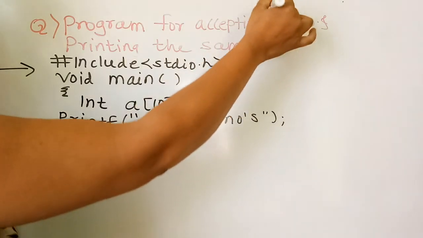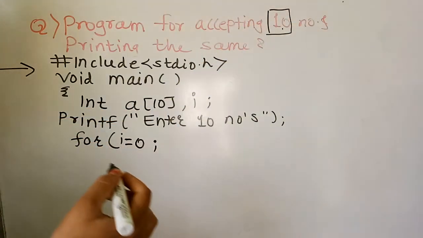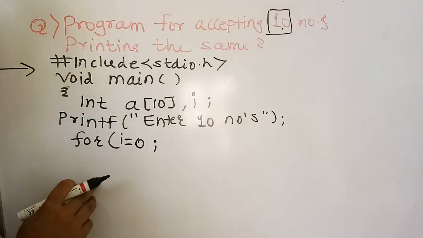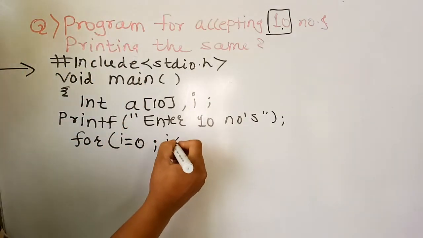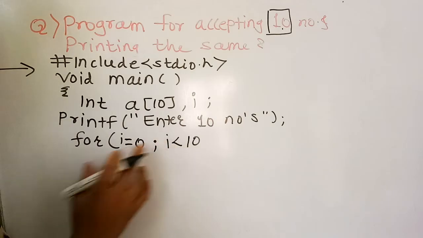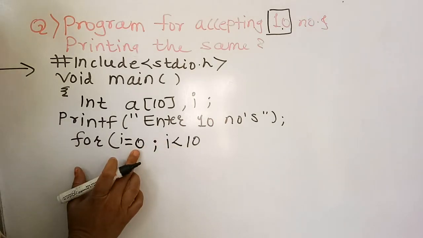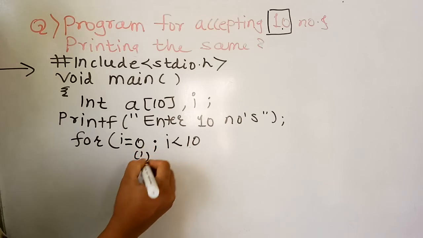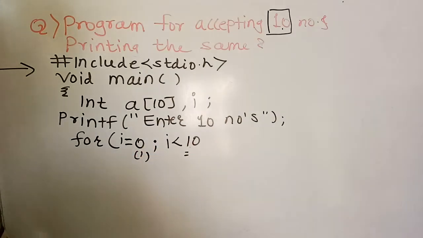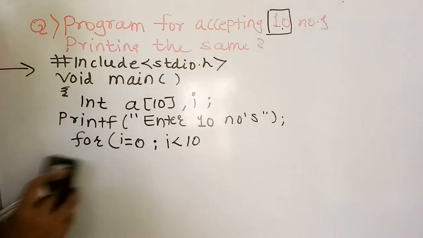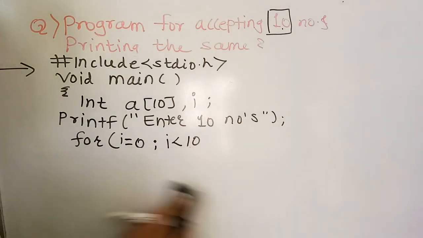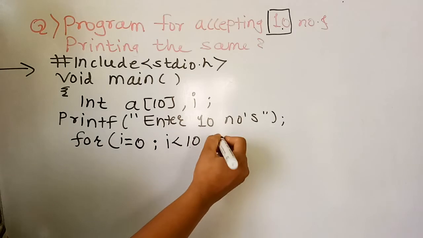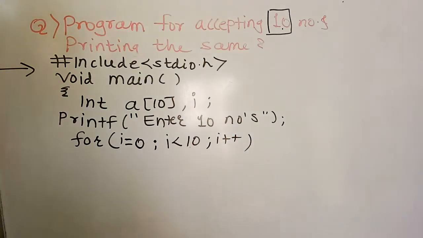In the problem we are given that the numbers are 10, so we have to stop at 10. As we have started from 0, we go until less than 10. If you start from 1, then you have to apply less than or equal to 10. So, for i equals 0, i less than 10, and increment it.